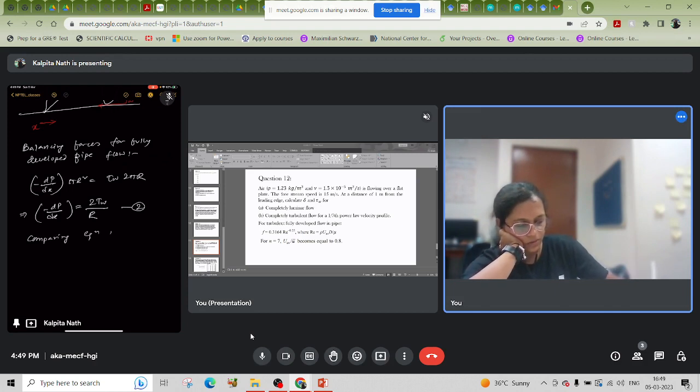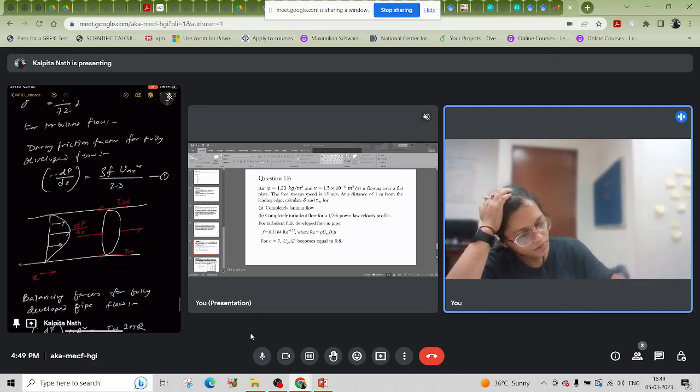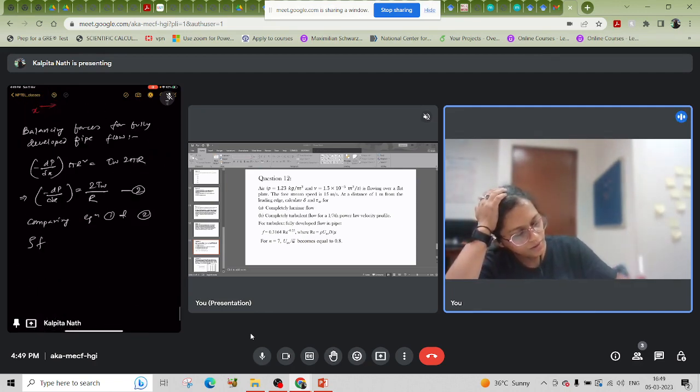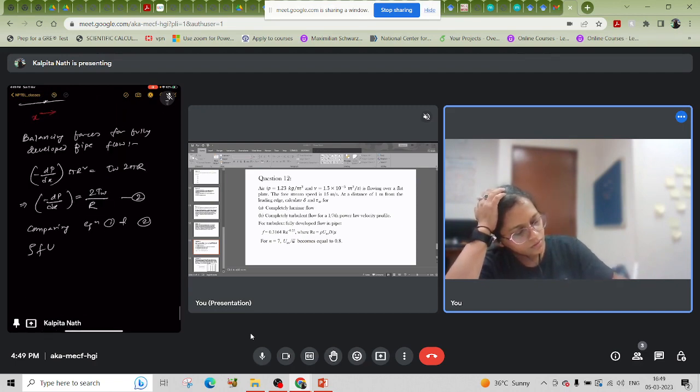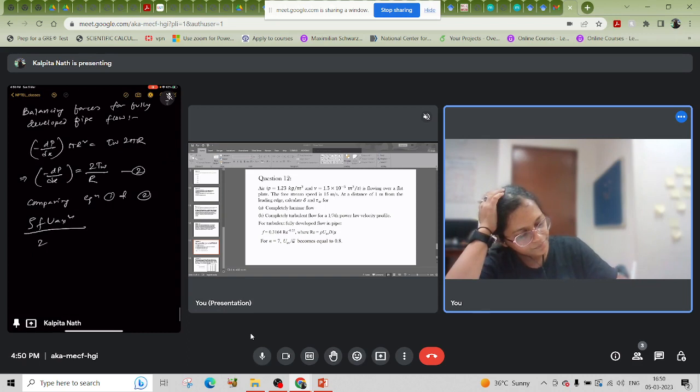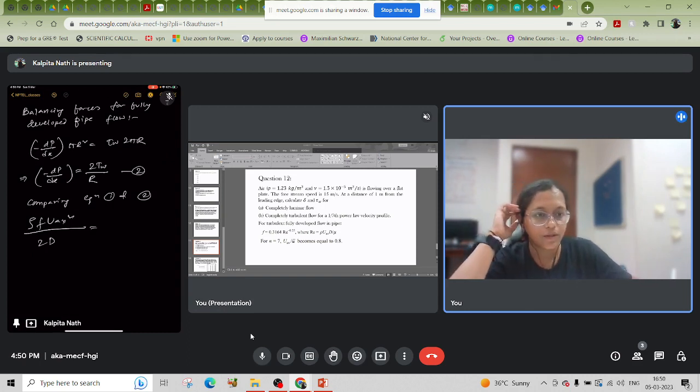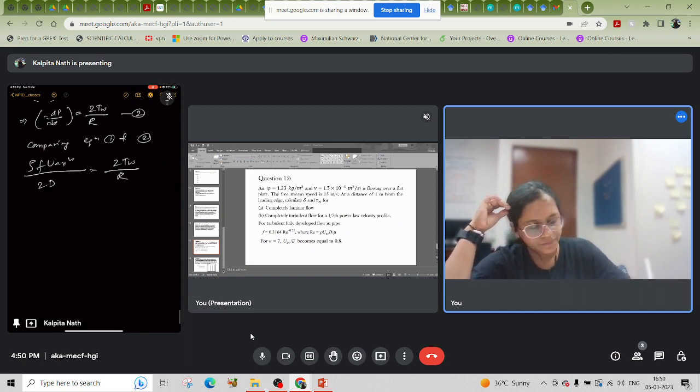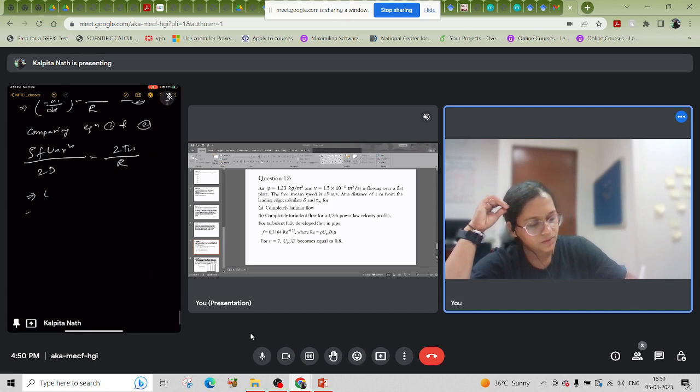Comparing equation 1 and 2, rho f u average square by 2d is equal to 2 tau w upon r, or from here we get tau w to be f by 8 rho u average square. This is equation 3.